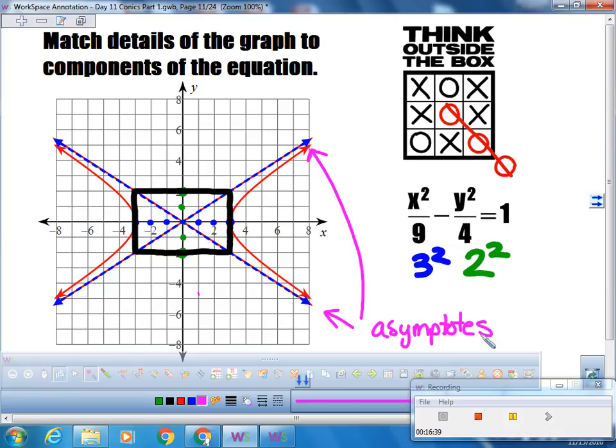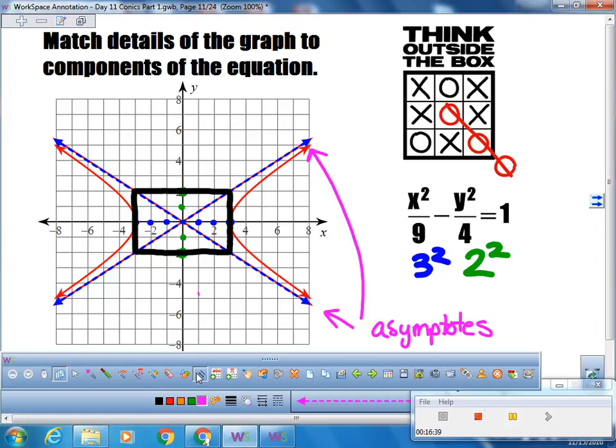It's almost like something that has a force on something. It never touches it, but it guides it, okay? So my asymptotes go right through the corners of this box. Do you see what I mean? So this is where I get one asymptote. This is where I get the other asymptote.